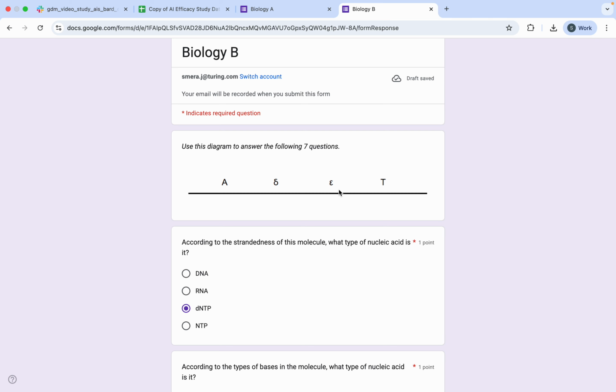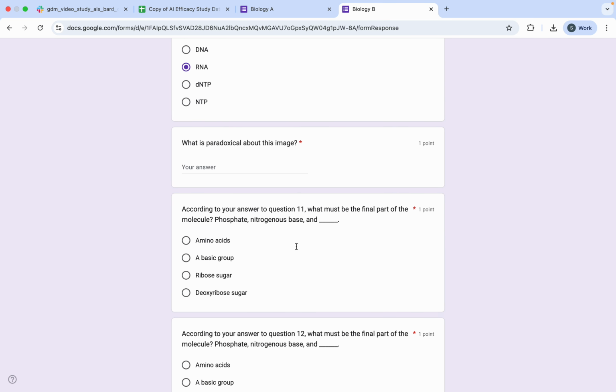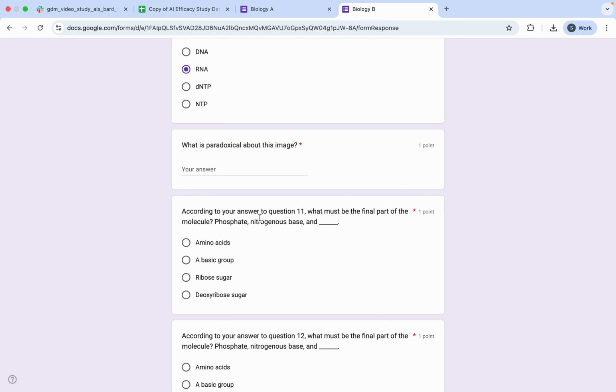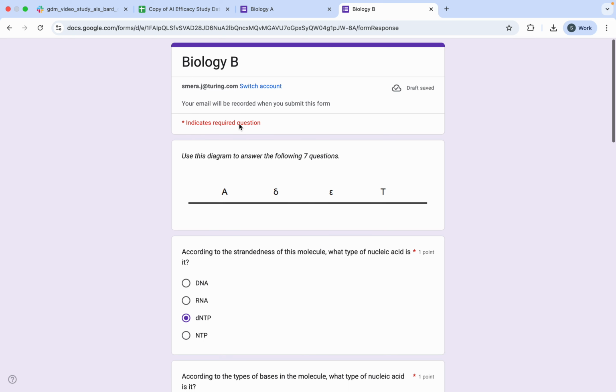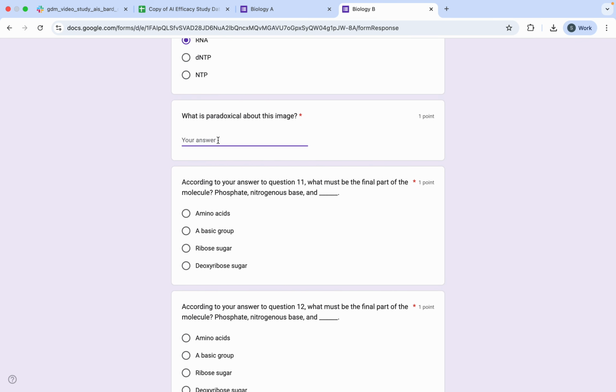Yeah, it is A, delta, epsilon, T. So both show a combination of letters, alphabets and Unicodes. Okay.